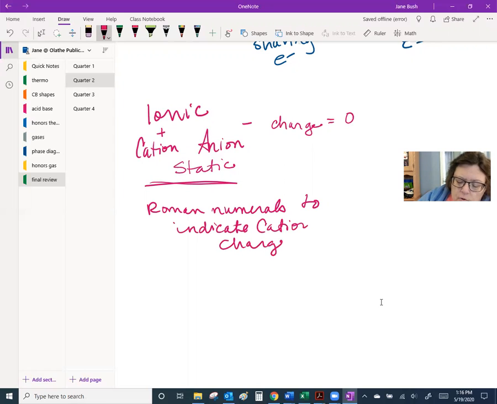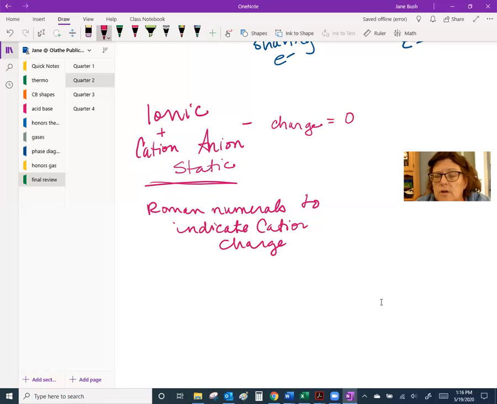And that is for transition metals, and like lead and tin. The cations in families 1, 2, and 3 are always going to be either +1, +2, or +3. The anions in 5, 6, 7 are going to be -3, -2, -1.